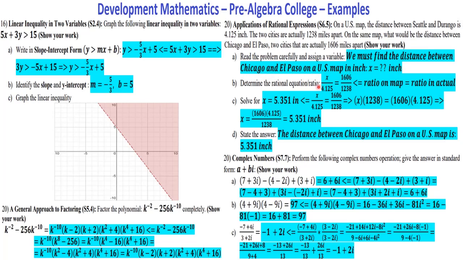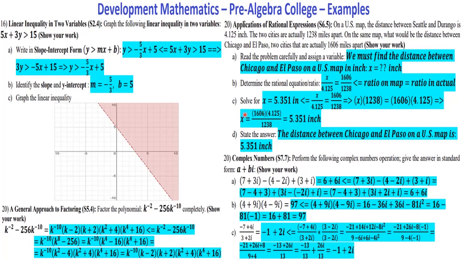That is the question. So determine the ratio equation: x, which is what we are looking for, over 4.125 inches is equal to the ratio 1606 over 1238. You solve this for x, which equals 5.351 inches.